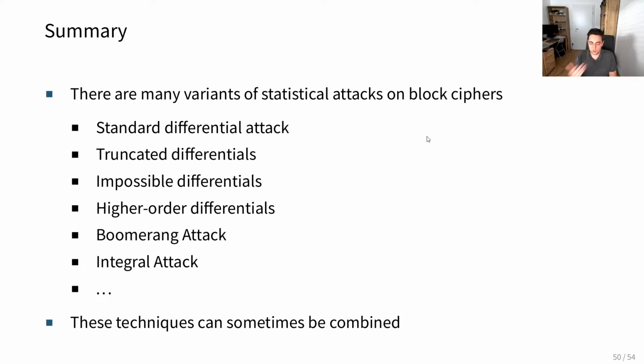So there are variations of statistical attacks, of differential attacks, also truncated attacks that can be applied, for example, to hash functions. For example, there's this rebound attack, which also uses differences. So yeah, that's the summary, essentially.